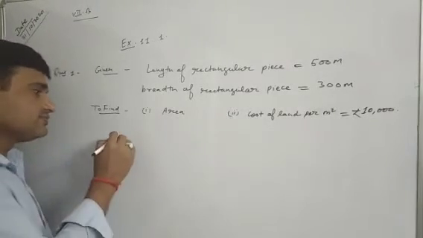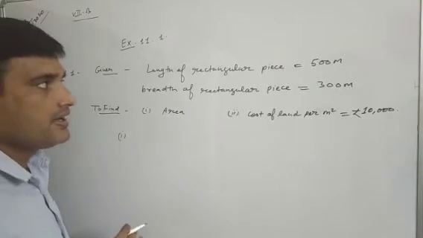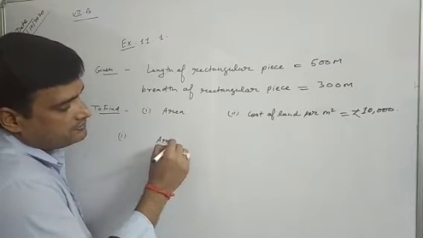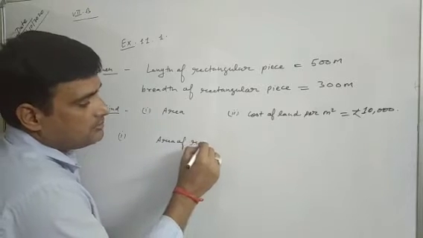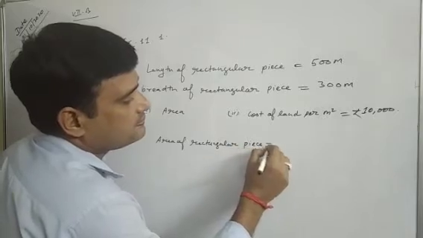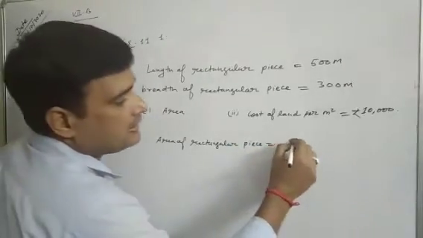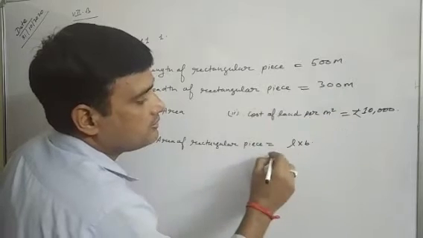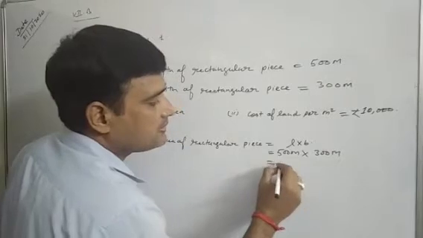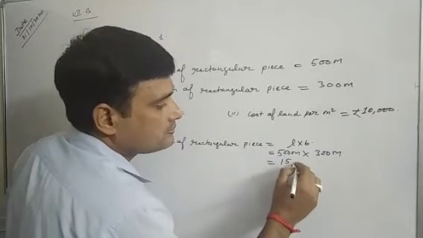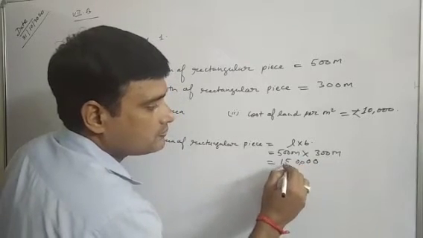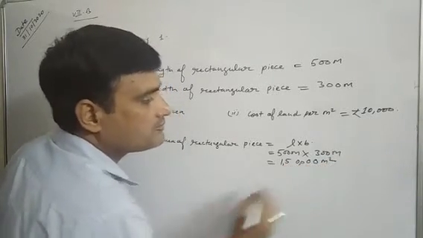You know that area of rectangular piece is L into B. Here L is equal to 500 meter and breadth is equal to 300 meter, which gives 150,000 meter square. Understand?